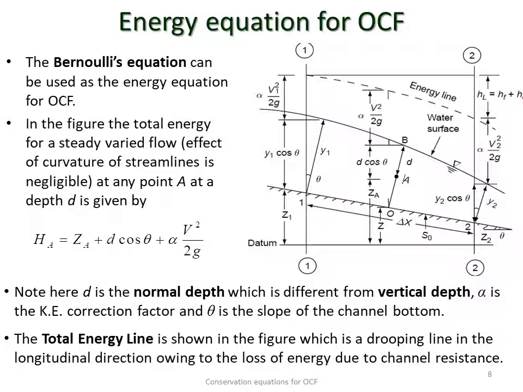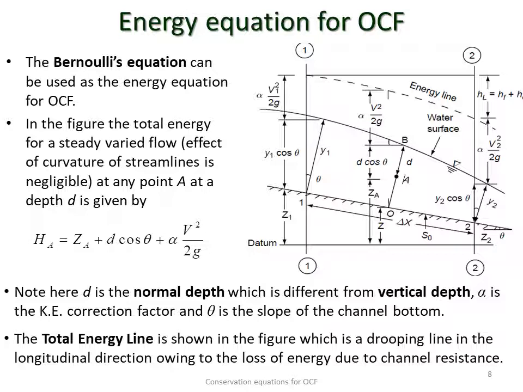Note that alpha is the kinetic energy correction factor, which we have discussed before, as we are dealing with the mean velocity at section A and not the depth-varying velocity. So we are introducing this kinetic energy correction factor alpha in the equation. The total energy is the summation of ZA plus d cos theta plus alpha into V squared by 2g.